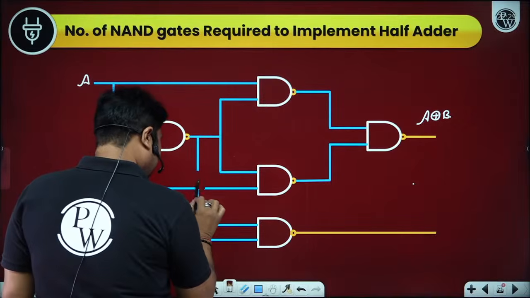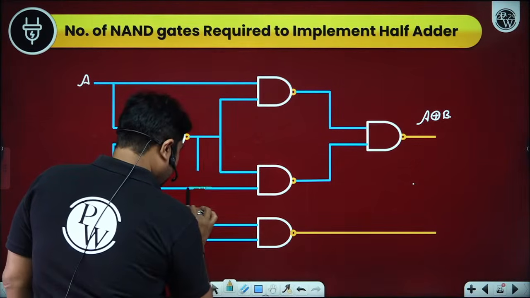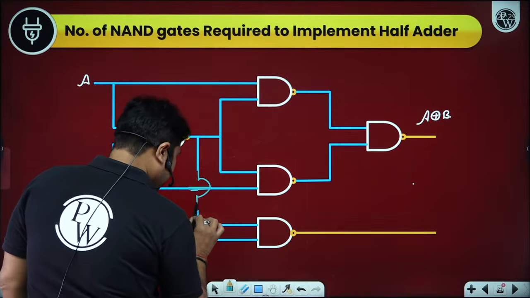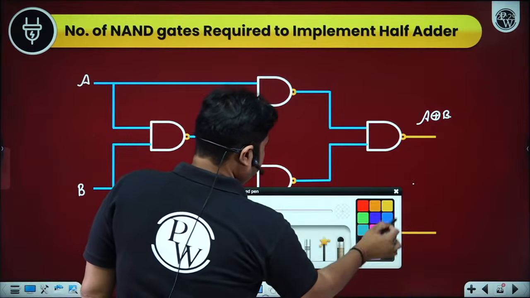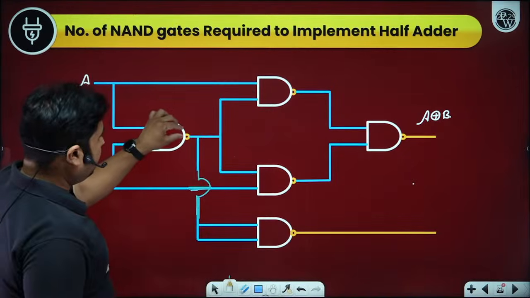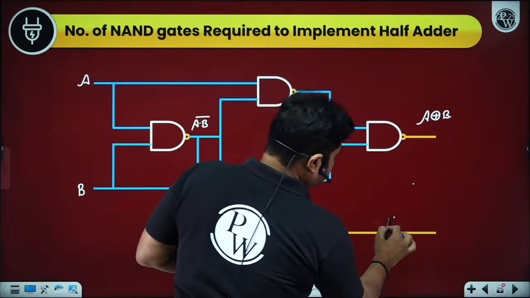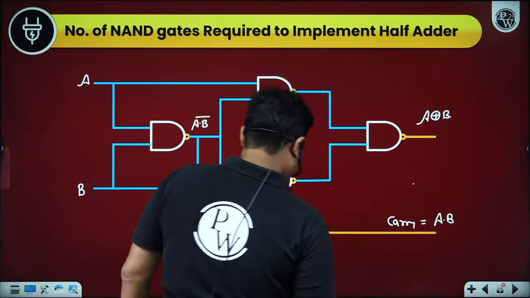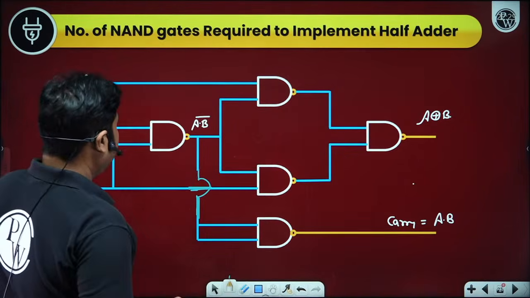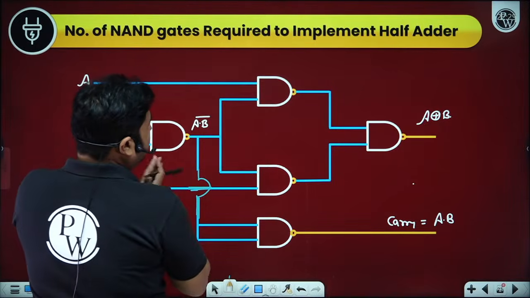Let me modify a little bit, otherwise maybe you have confusion. This is basically crossing like this. So we have A dot B whole bar, and again when we pass it, we have a carry. Carry is AB. Is it okay? And we have A, B bar, and this will be acting as a bubbled OR gate.